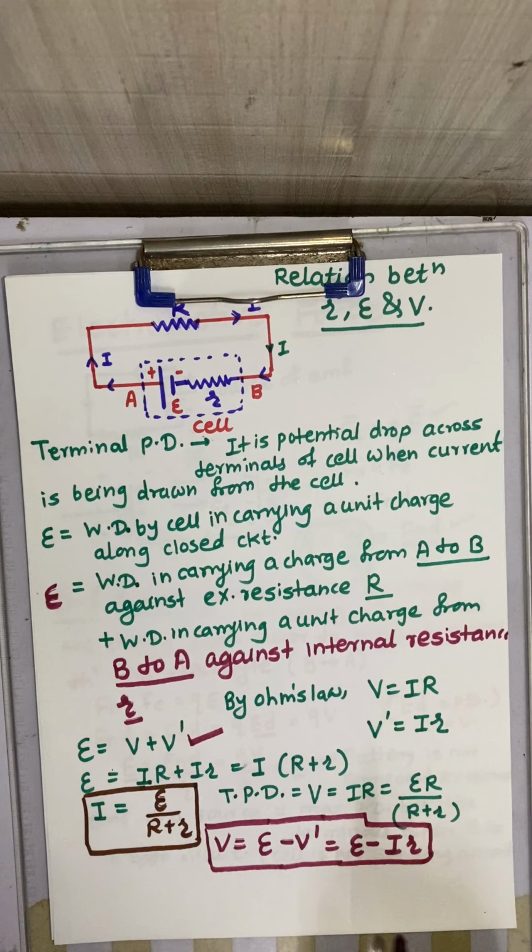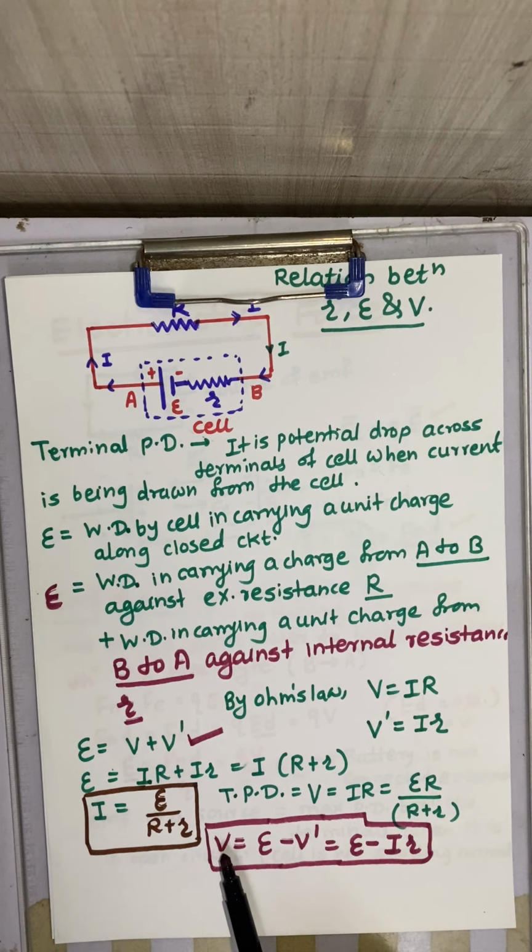So the terminal potential difference V is always equal to E minus Ir. Whenever we discussed the difference between EMF and potential difference, we always said that EMF is greater than the potential difference, and it is very clear from this that the potential difference is equal to EMF minus Ir. So this value comes out lesser, and that's why E is greater and V is lesser.